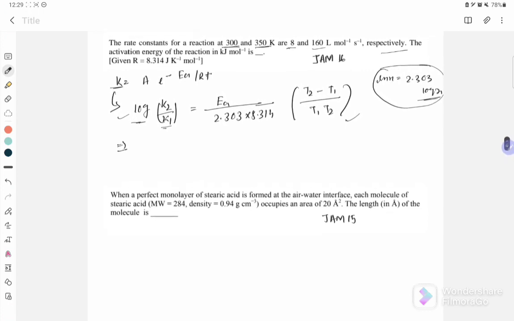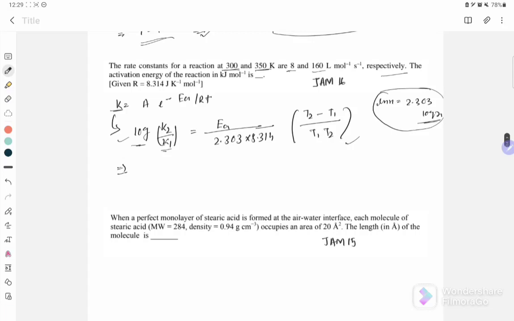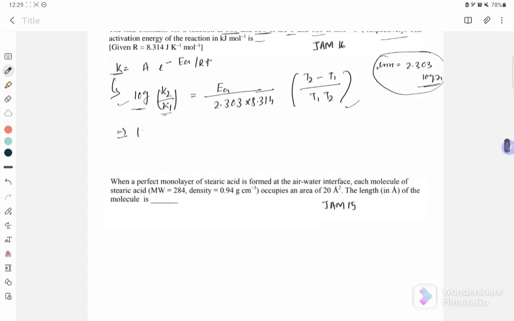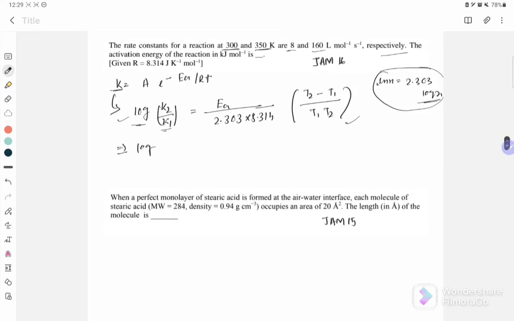So log of K2 by K1 is 160 by 8, that is equal to Ea by 2.303 into 8.314 times 350 minus 300 by 350 into 300.